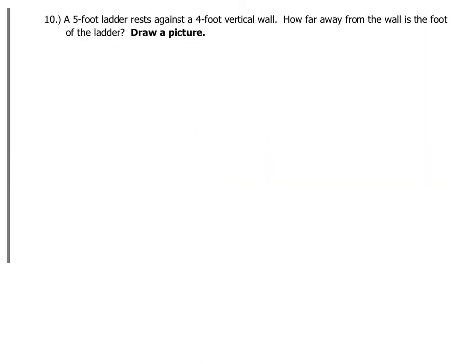And finally, a 5-foot ladder rests against a 4-foot vertical wall. How far away from the wall is the foot of the ladder? So we need to draw a picture. So I'm going to draw a right triangle. And let's go back and look at what we know. A 4-foot vertical wall, which means the vertical side is our 4.